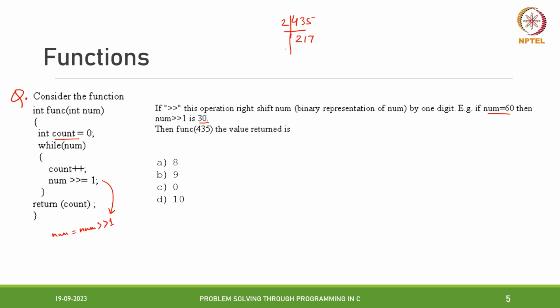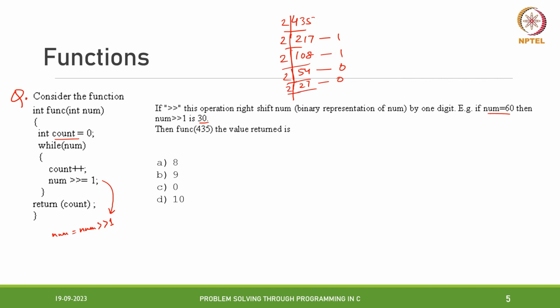So this will be 217. The remainder is 1. Now again, if I divide it, it will be 108, still with a remainder of 1. Then 54, remainder of 0. 27, remainder of 0.